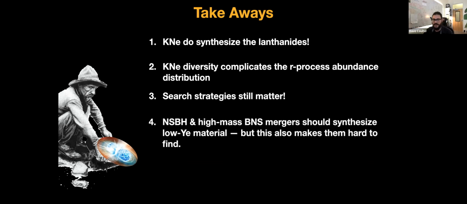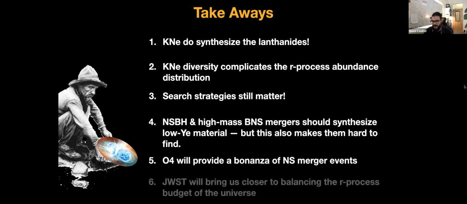And there is this aspect of the red kilonovae, either from a neutron star black hole merger or high mass binary neutron star mergers, that probably should contribute almost exclusively low Ye material. O4 is going to be wild, and hopefully JWST helps us balance the r-process budget of the universe.